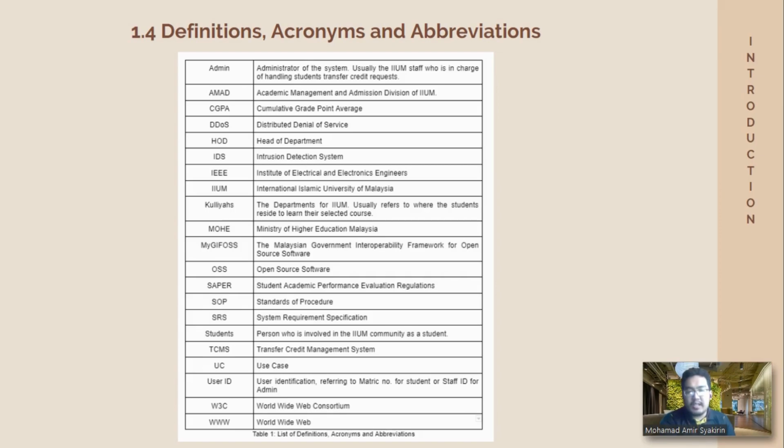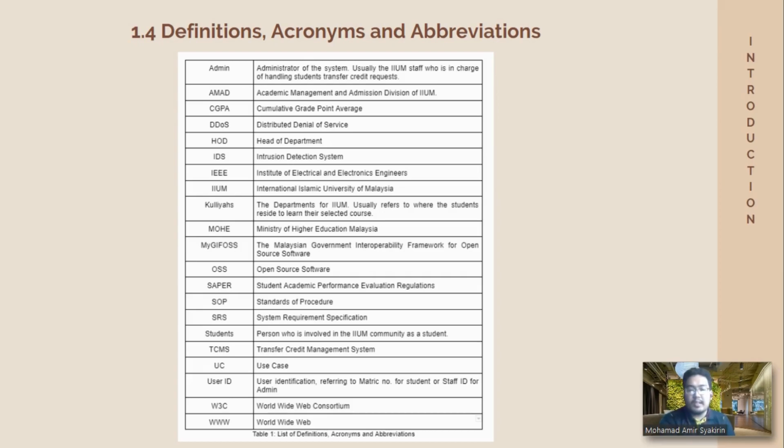GIFOSS is the Malaysian Government Interoperability Framework for Open Source Software. OSS is Open Source Software. SAPER is Student Academic Performance Evaluation Regulation. SOP is Standard Operating Procedure. SRS is System Requirement Specification. Student is a student in the IIUM community.